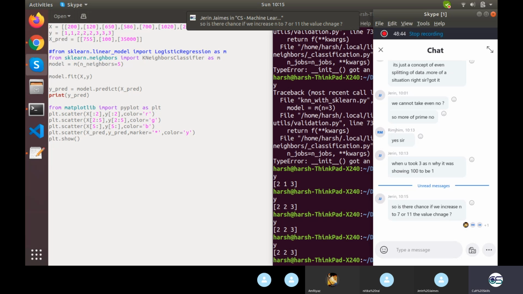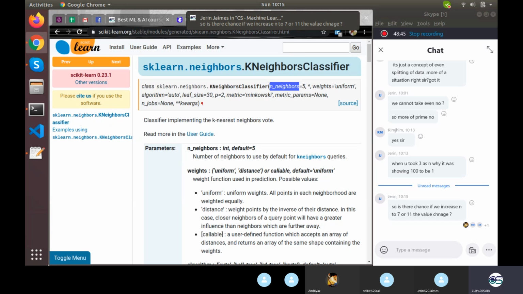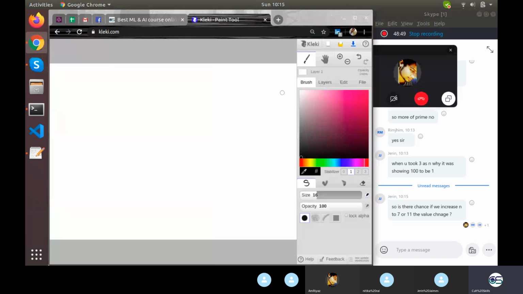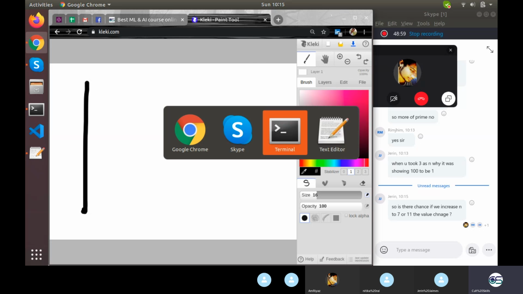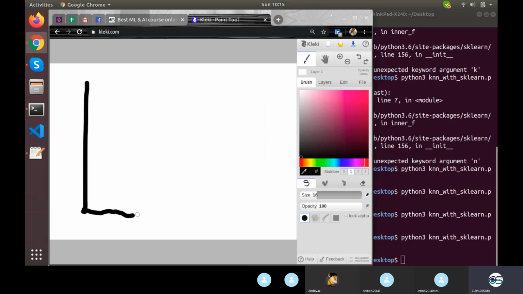The reason for this is, again I'll come to the graph part. So I have a graph. Okay, so there is this class of pink shade right here, and there is another class of greenish shade.